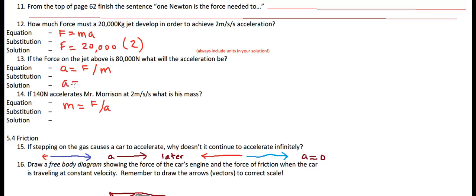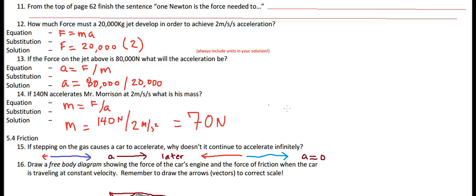Your acceleration will be equal to 80,000 newtons divided by, this is the jet above, so it's 20,000 kilograms. And then last, my mass actually, if 140 newtons is going to accelerate me at 2 meters per second squared, then it is true. My mass is about 70 kilograms.